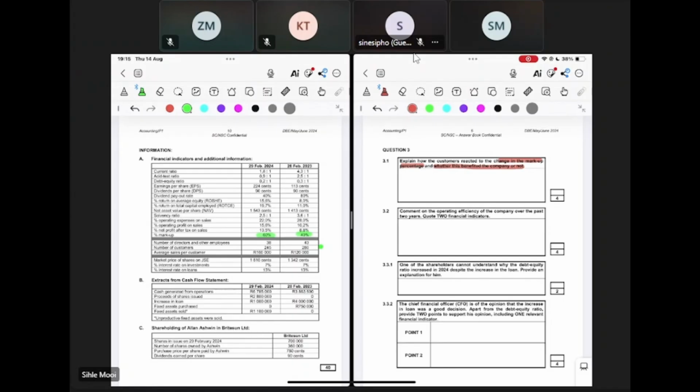Because this question has 2 parts to it. Explaining how the customers reacted to the change in the markup percentage, and then say whether this benefited the company or it did not. So let's first deal with how the customers reacted. What do you guys think? How did the customers react?